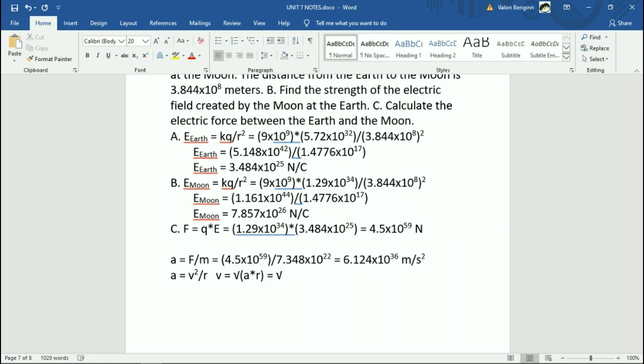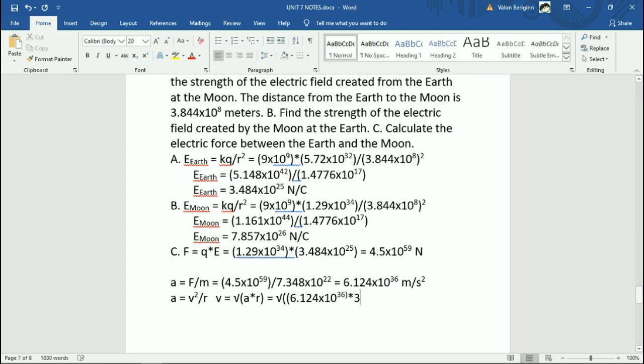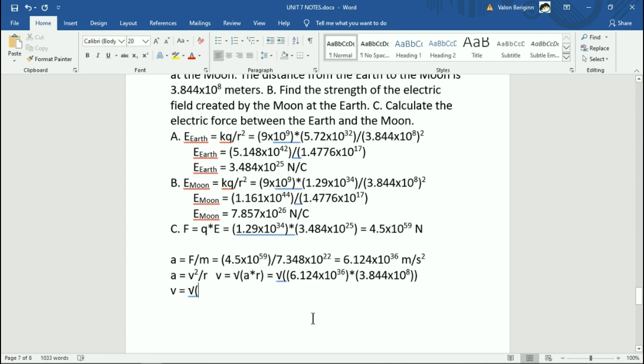So we have the square root of a, which we just got, 6.124 times 10 to the 36, times the orbital radius, which is up here, 3.844 times 10 to the 8. And close that parentheses. Okay, so what do you get? You get that v equals the square root of, there's a point to all this, trust me. Besides just random garbage. Again, you don't need to do this for the homework.